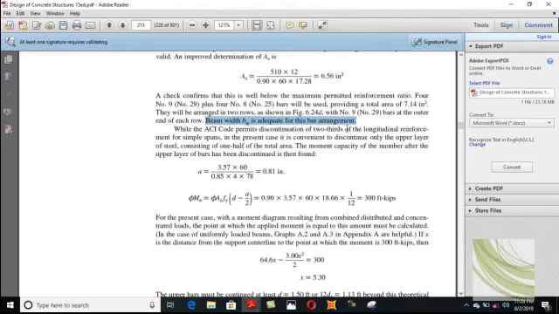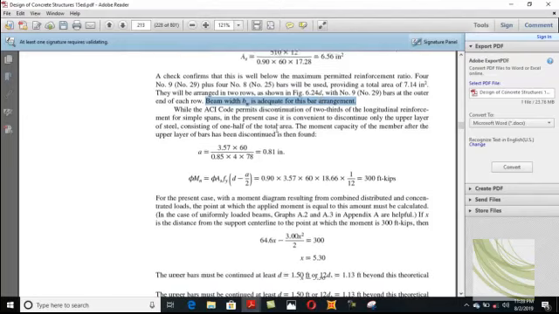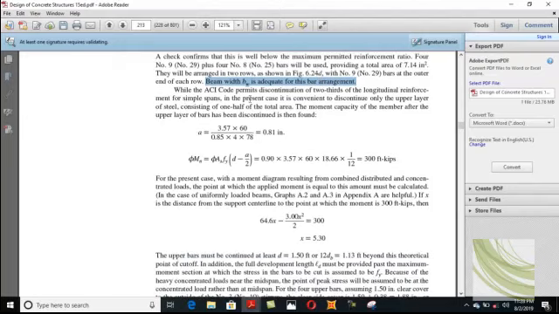Side cover, bottom cover, as well as the clear spacing between the bars criteria should be justified. While the ACI code permits discontinuation of 2/3 of the longitudinal reinforcement for simple spans, in the present case it is convenient to discontinue only the upper layer.